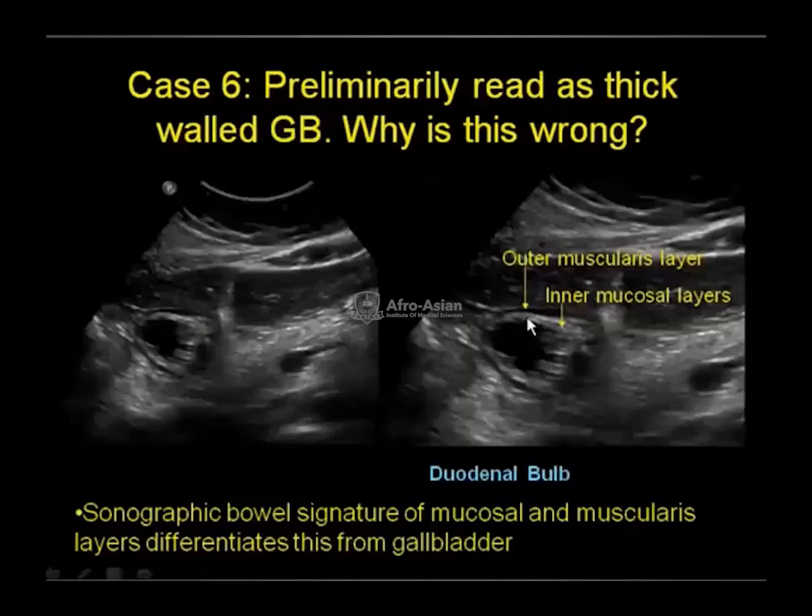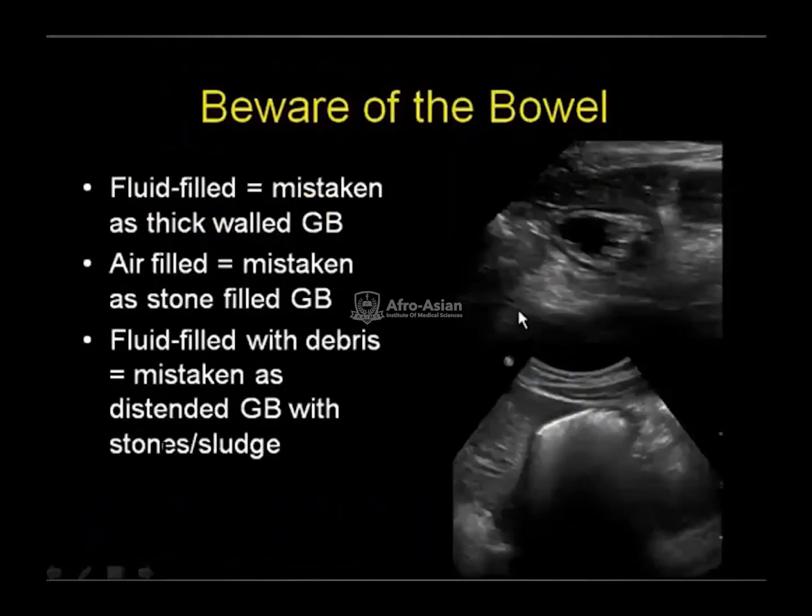It was preliminarily read as a thick wall gallbladder, and you can see why this was wrong, because the patient was not properly prepared, and there was a duodenal bulb near to it which was causing the artifacts. Be aware of the bowel; sometimes fluid-filled bowel is mistaken for a thick wall gallbladder. Here it is, the bowel gas giving artifact, and it looks like there is something inside the gallbladder.